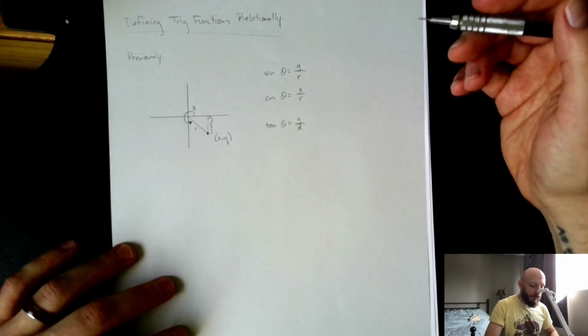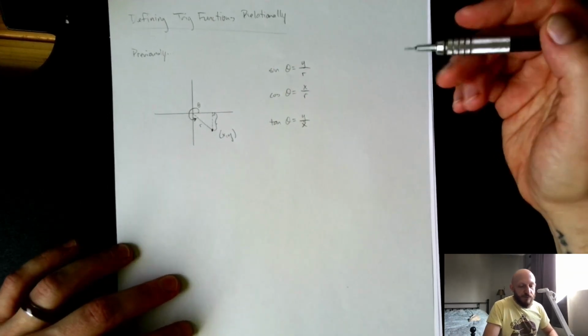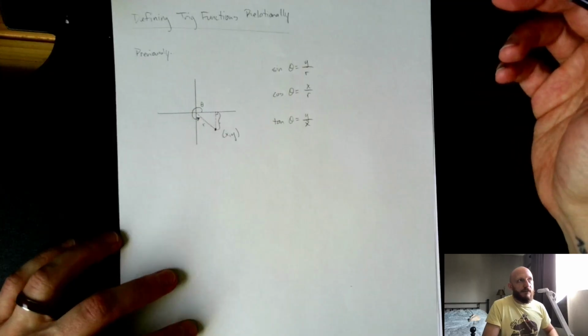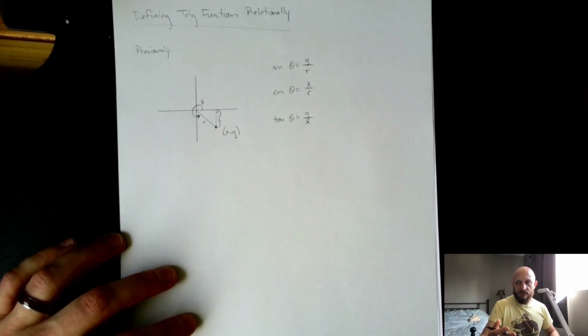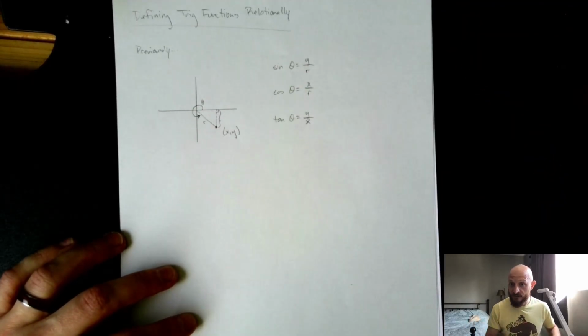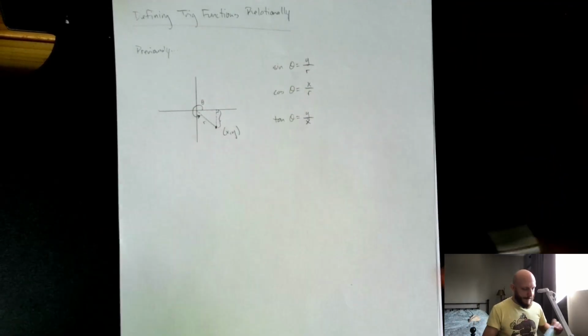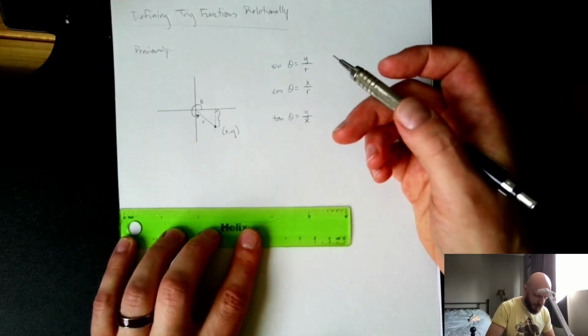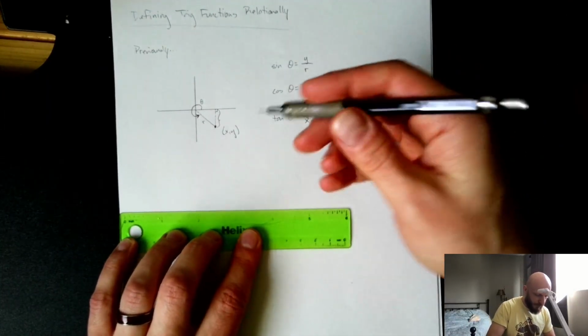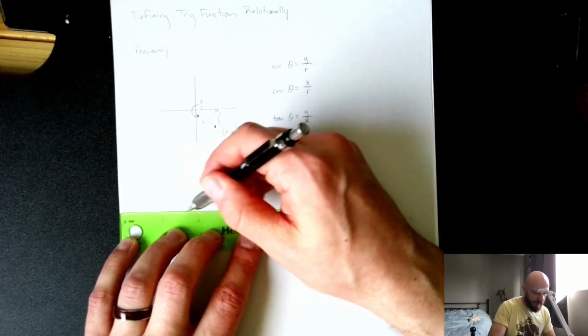So really, all of these trig functions could be broadly defined as ratios or relations within a triangle, in particular, a right triangle. So at this point, we're only working with right triangles exclusively.